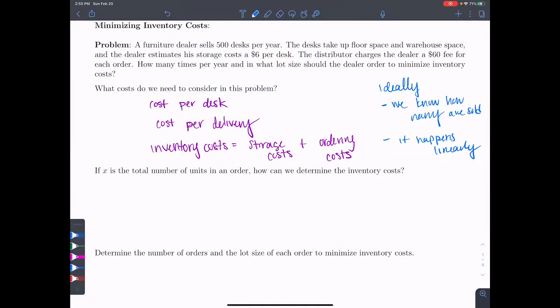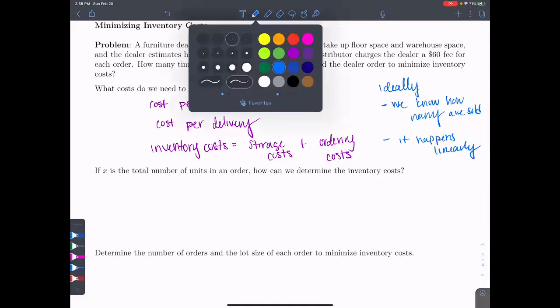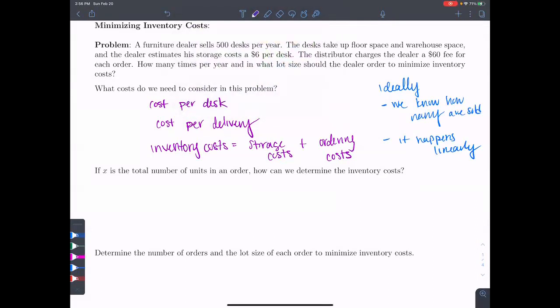So basically, here's the pattern that we're going to use for doing these. If X is the number of units in an order, how do we determine inventory costs? We're going to call inventory costs C of X. This is going to be your storage costs plus your ordering costs. So storage costs here were $6 per desk, and then plus $60 per delivery.